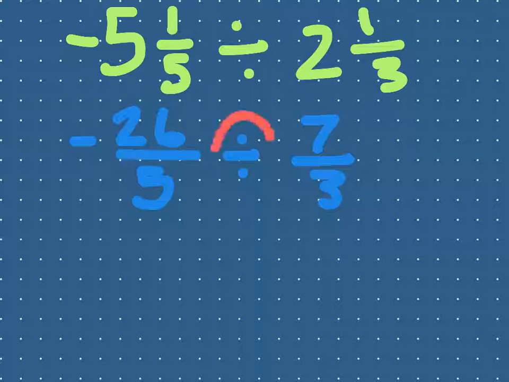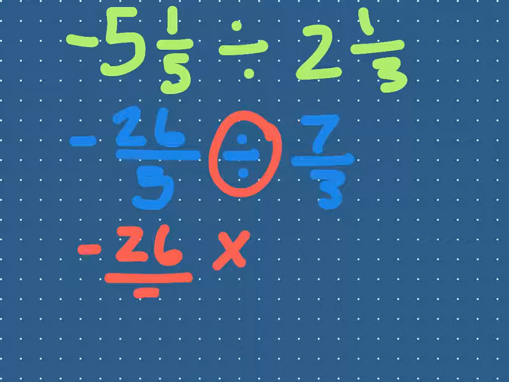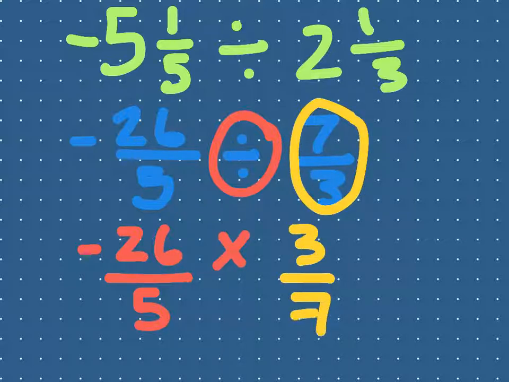First step, we look over here, it's division, so when we bring it down it becomes multiplication. Bring down -26/5. Now the second thing is the reciprocal, 3/7. Then we multiply across: -26 times 3 is -78, and we knew it would be negative because the 26 was the greatest number and it had a negative sign, so we just bring that along.